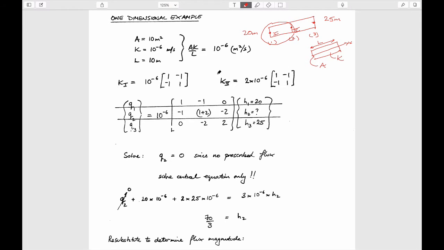If we knew what these things were, we knew we could calculate them from just this template, which I can barely get in here. It was 1, minus 1, minus 1, 1. And that we could apply that by basically writing our Q equals KH expression, which is this.